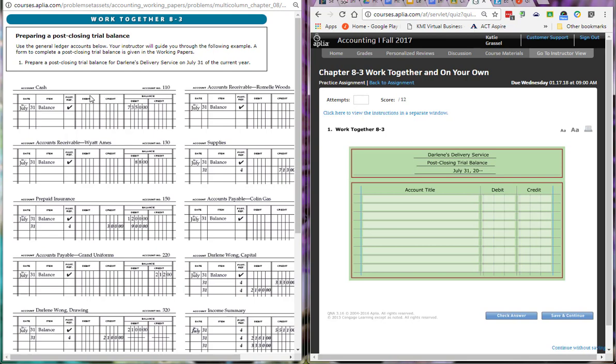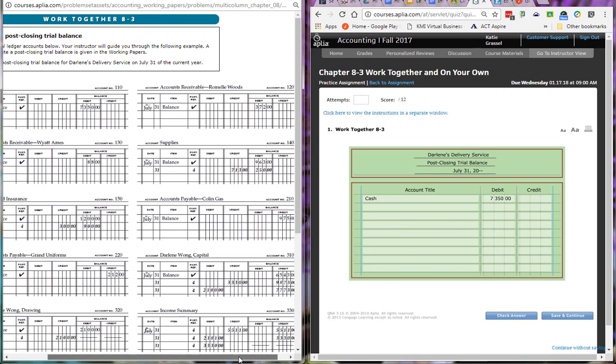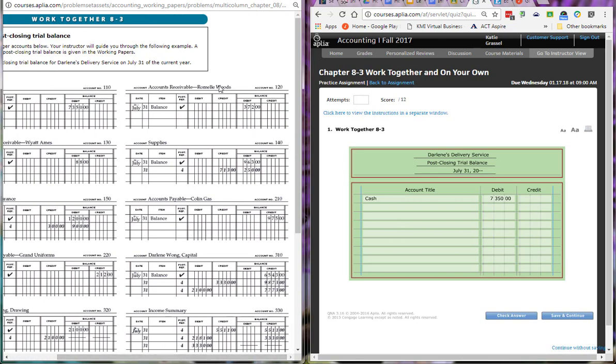So I'm going to start up here with my first account, which is cash, which is account number 110. I'm going to put in that cash has a debit balance of $7,350. Now, my next account is accounts receivable Romel Woods, because that is account number 120.